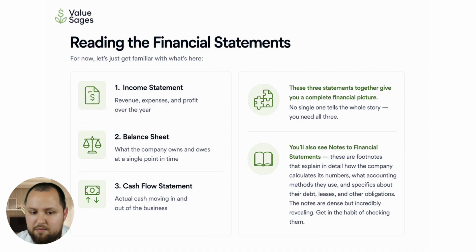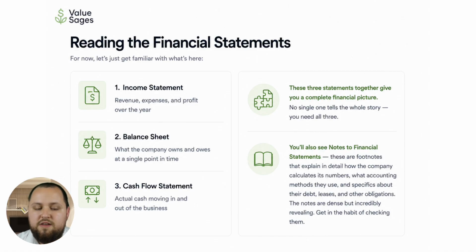We have the income statement, which contains the revenue, expenses, and profit over the year. We have the balance sheet: what the company owns and owes at a single point in time. We also have the cash flow statement: the actual cash moving in and out of the business. These 3 statements together give you the complete financial picture. No single one tells the whole story; you need all 3.